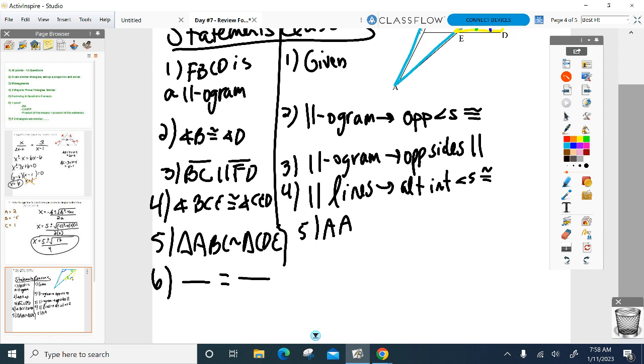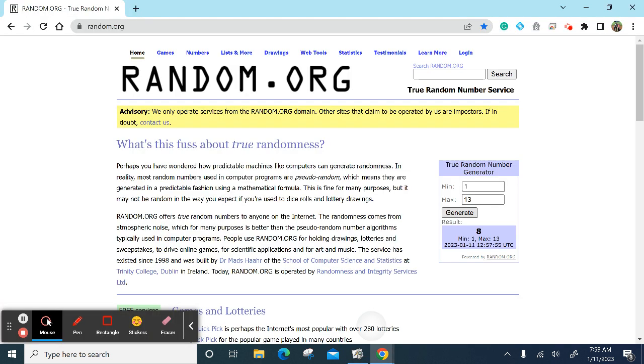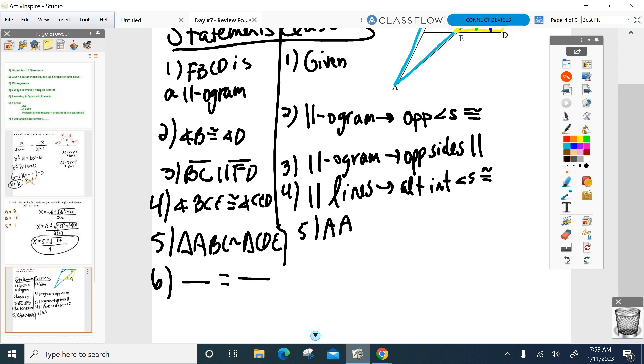Have a correct proportion there for me. Good proportion here.